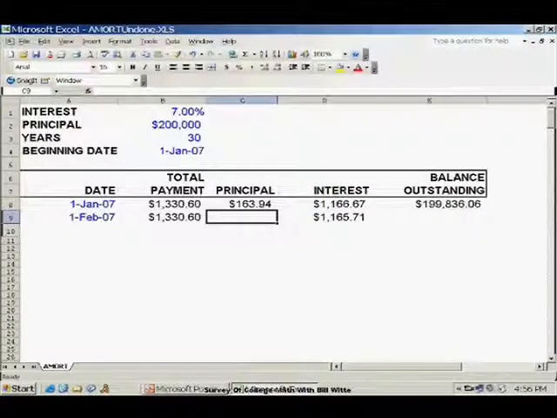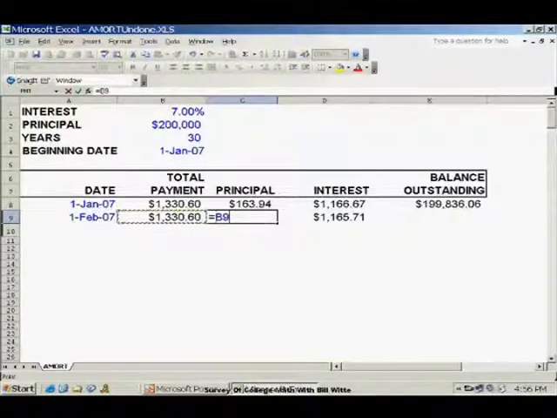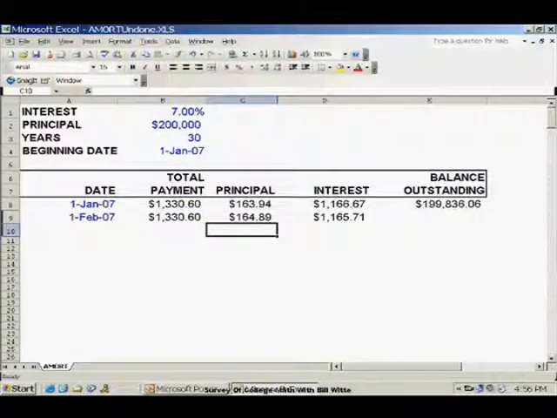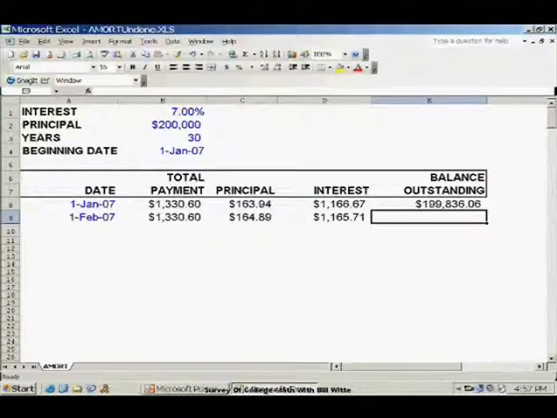The principal is going to be the payment minus the interest, B9 minus D9, and the principal is going to go up, isn't it? The interest went down, the principal goes up, and of course this principal now is going to go against the balance that I owe. So what will I subtract this principal from?